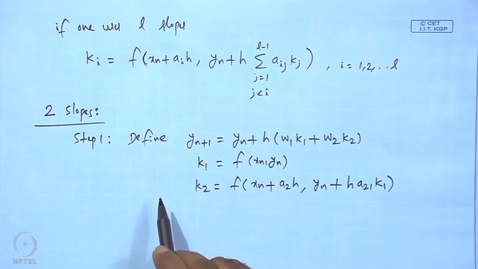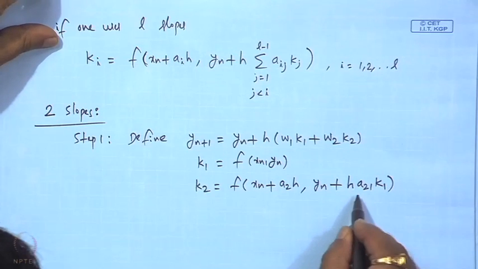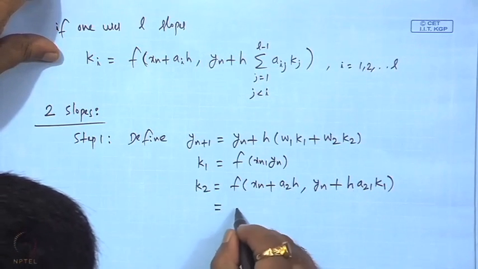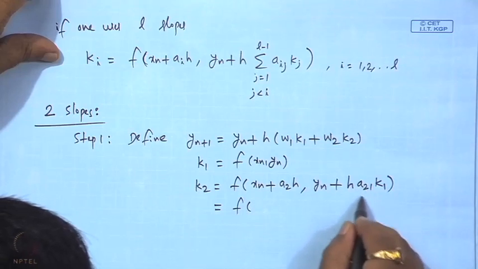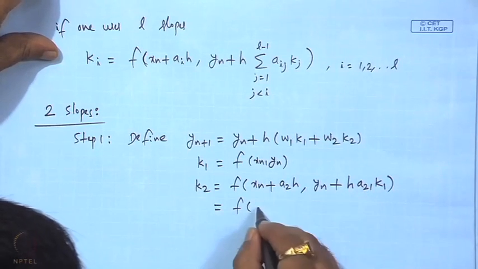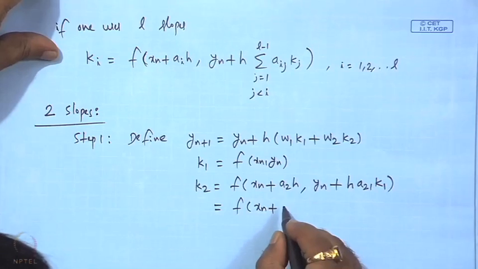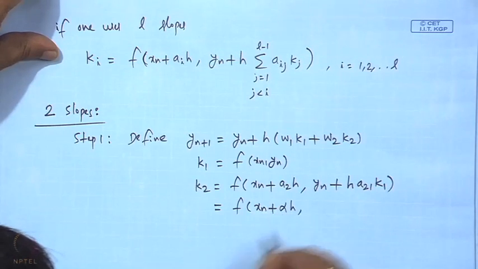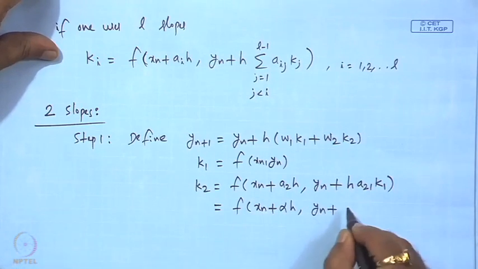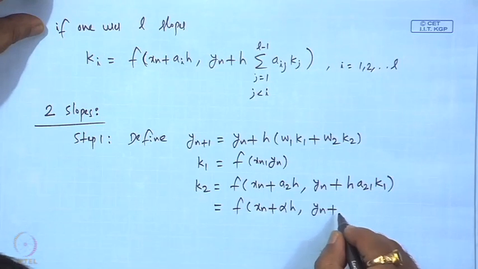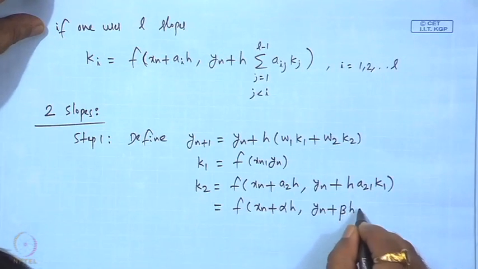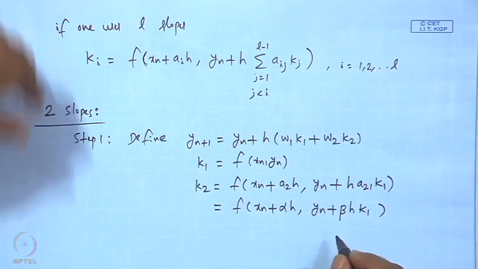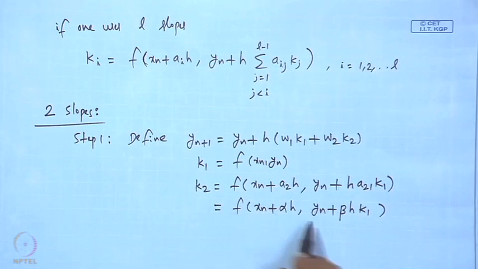Okay. So, to do that, I would like to switch to some other notation just for convenience, because using such indices will be little nasty in the derivation. x n plus say alpha h, y n plus beta h k 1. Okay. So, I hope you follow, right. So, I am going with these notations just for convenience, eta 1 is replaced by beta. Okay.